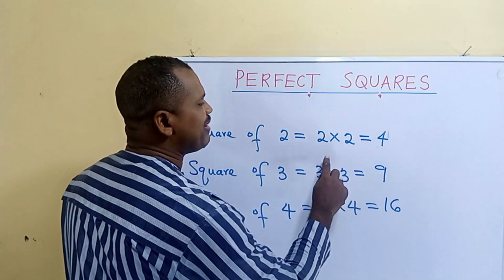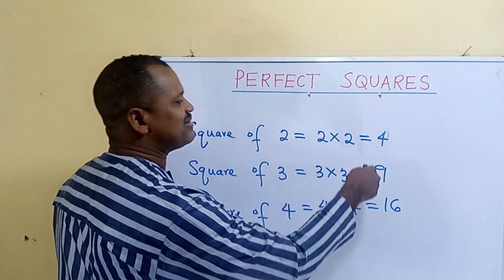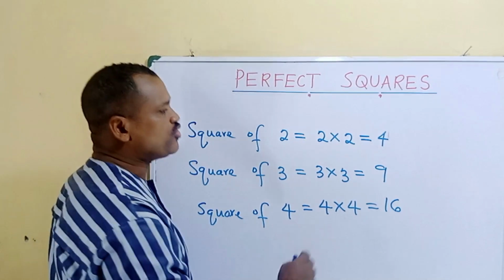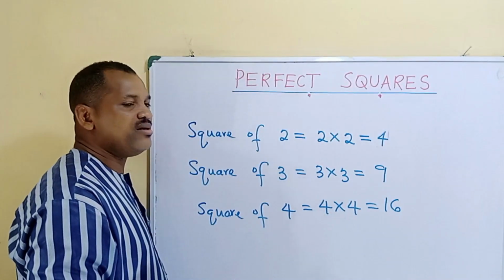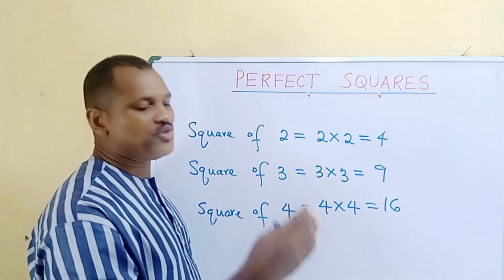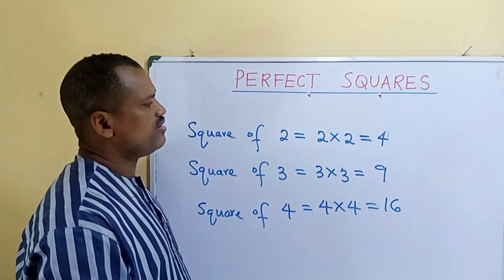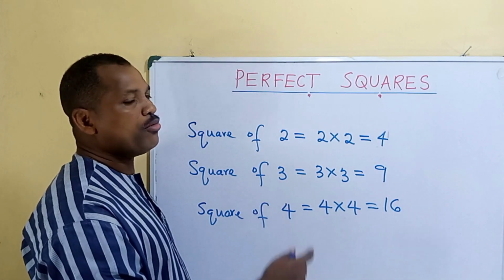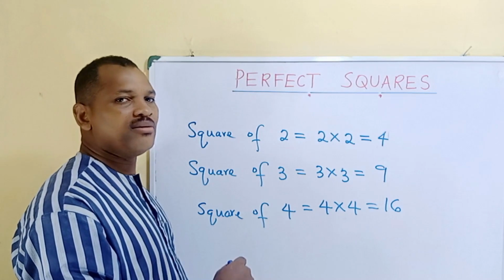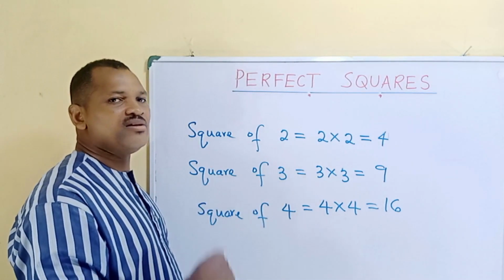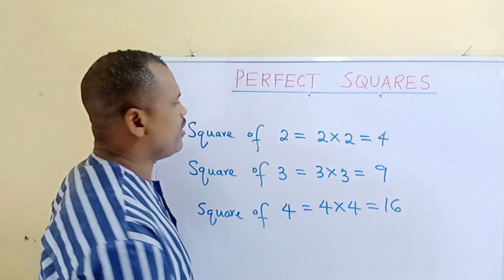Now, when you multiply a whole number by itself, what you get is called a perfect square.